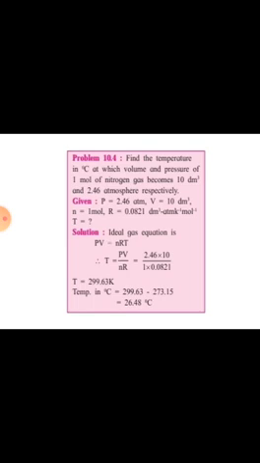According to the ideal gas equation, PV is equal to nRT, so T is equal to PV upon nR. By substituting the values of P, V, n and R, you get the temperature as 299.63 in Kelvin, and by subtracting 273.15 from that, you will get 26.48 degree Celsius.